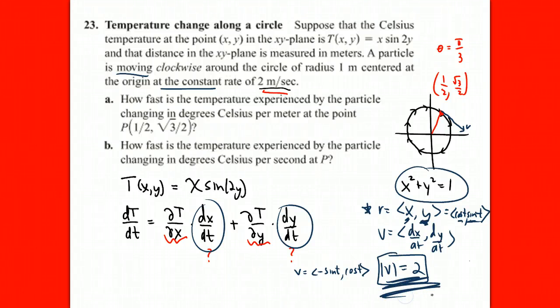Are we believing that or no? I don't know. I really think we just take the pi over 3 and plug it in. I don't know how this 2 plays a role.